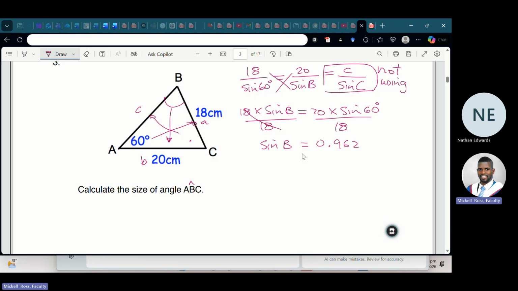0.962. So remember, if you're finding an angle, you have to use the inverse of the trig function. So B is going to be equal to sine inverse of 0.962. The sine inverse of 0.962 is going to give us approximately 74.2 degrees, which is the angle rounded off to 1 decimal place.